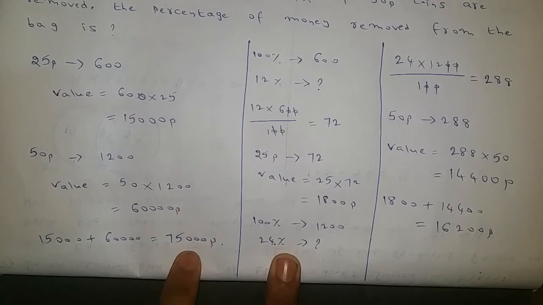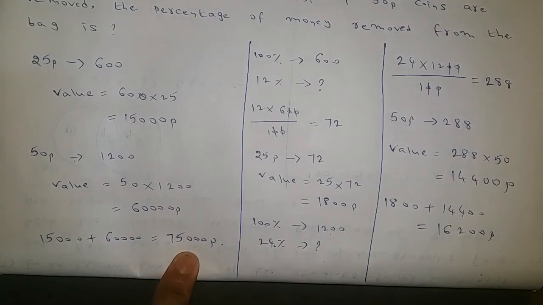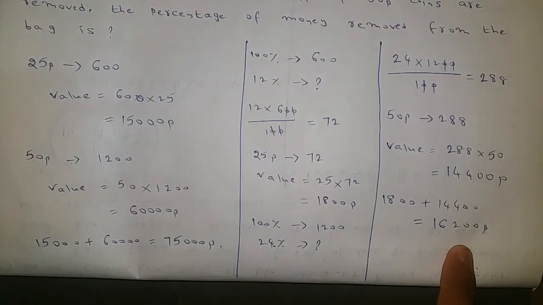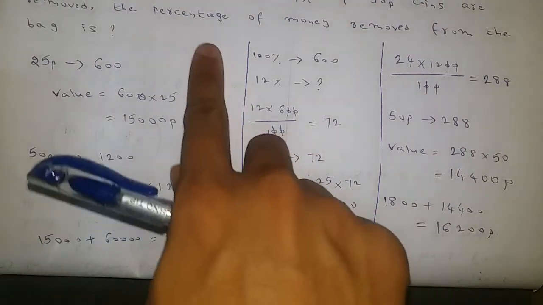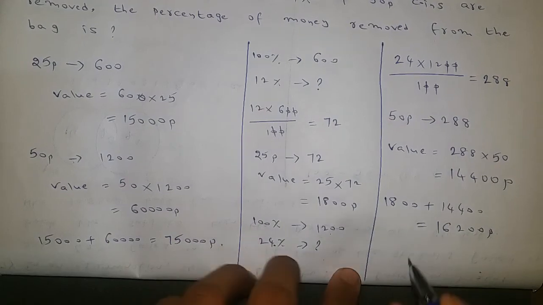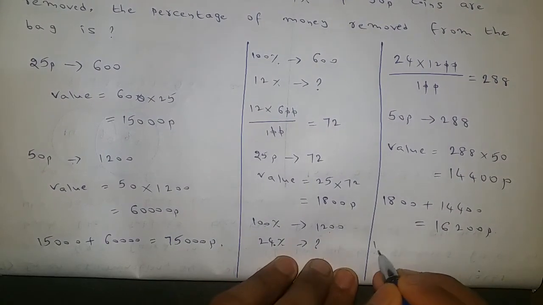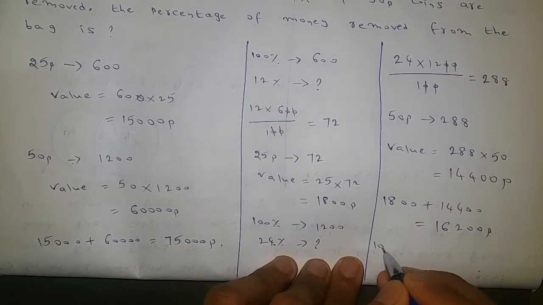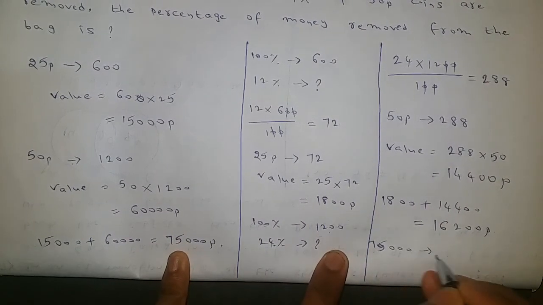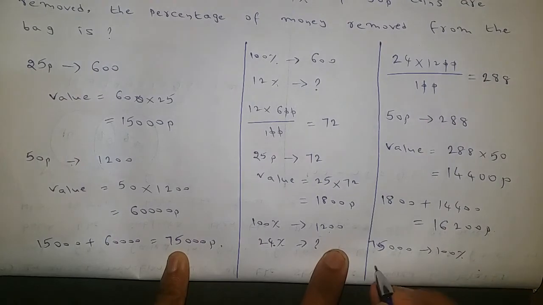Total we have 75,000 paisa with us. From that, a total of 16,200 paisa we removed. Now we need to find out what percentage of the money was removed. So 75,000 is 100 percent.